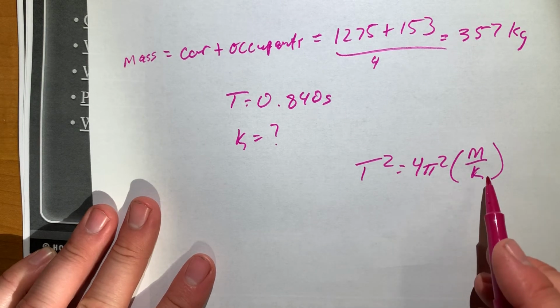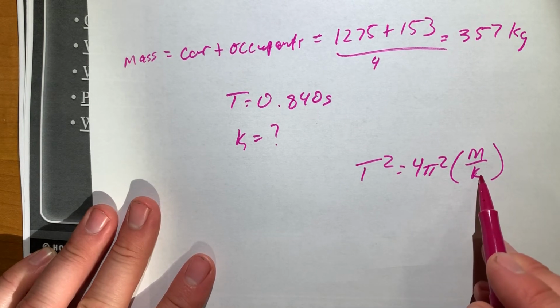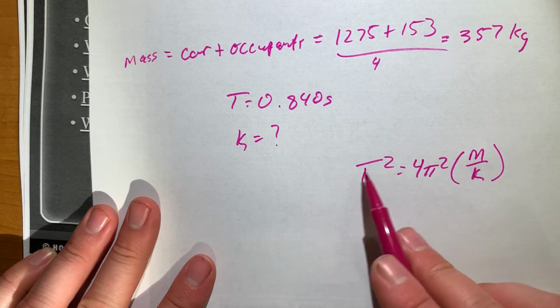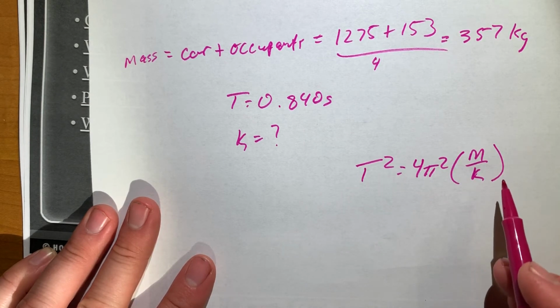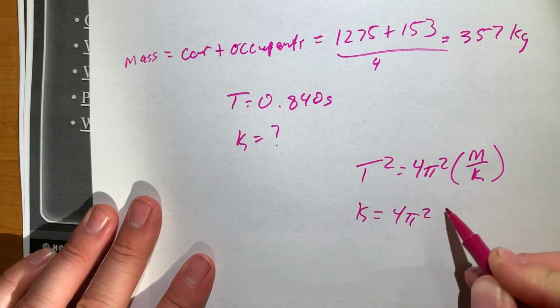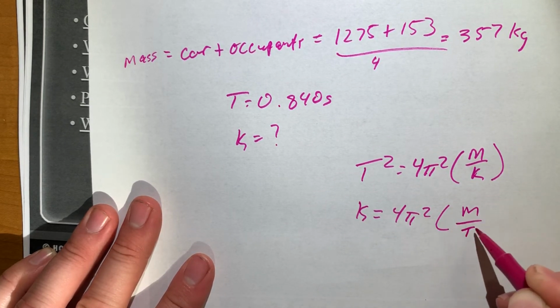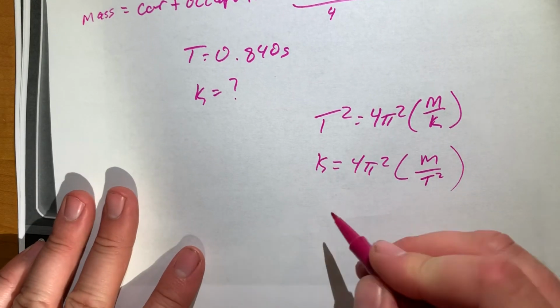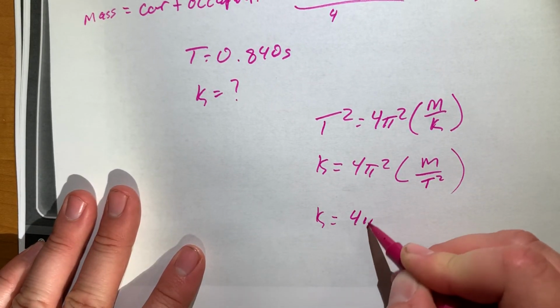So now we need to rearrange it to solve for k. What I'm basically going to do is swap T squared and k, and we get k is equal to 4 pi squared multiplied by m over T squared. Okay? And now that we know this, we can go ahead and put in our numbers.